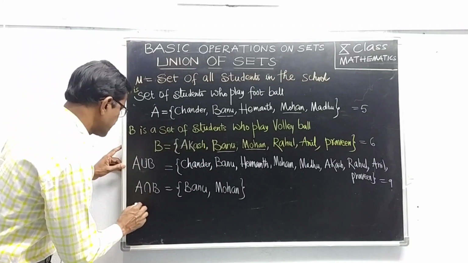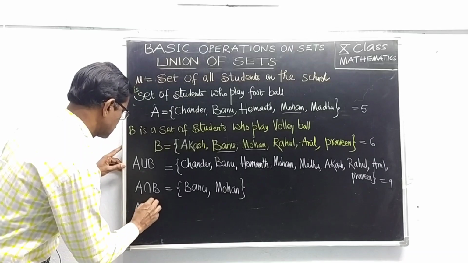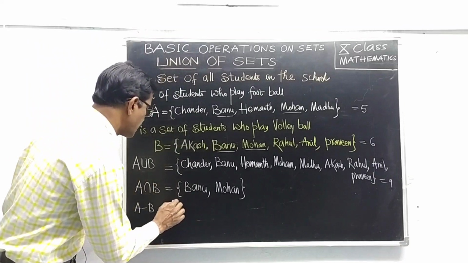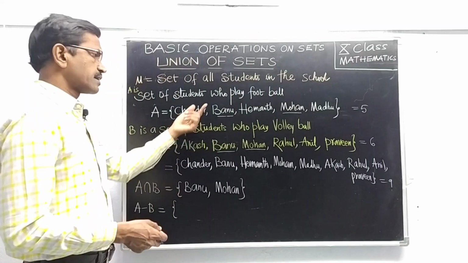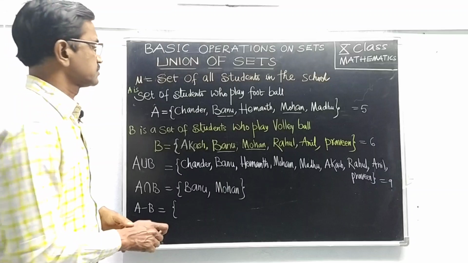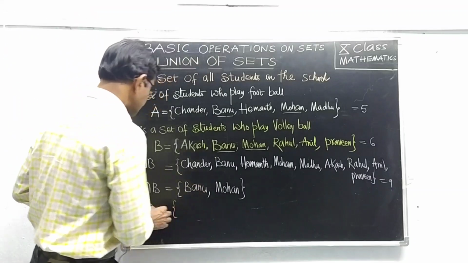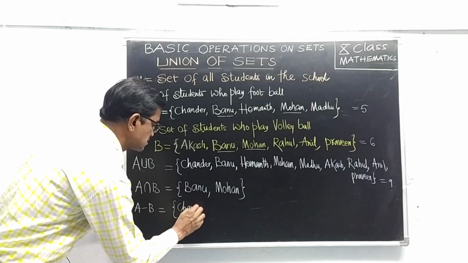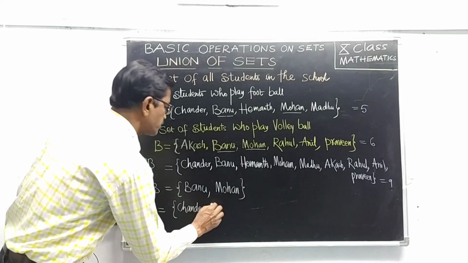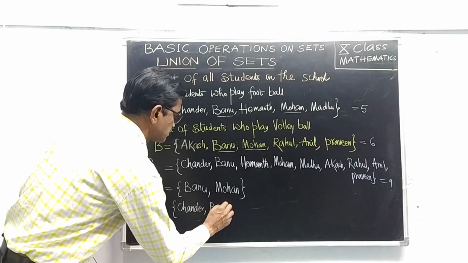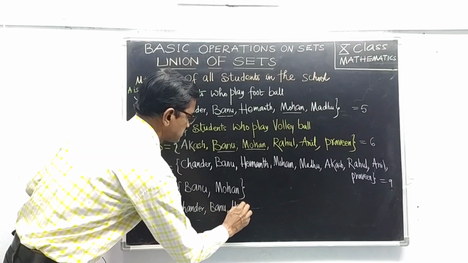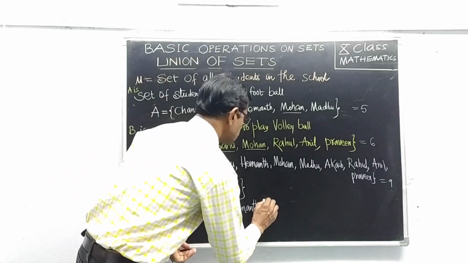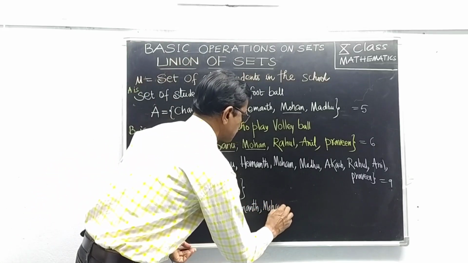And what is A minus B? The students who play only football. Here let us write the elements in A first: Chandar, Banu, Hemant, Mohan, Madhu.